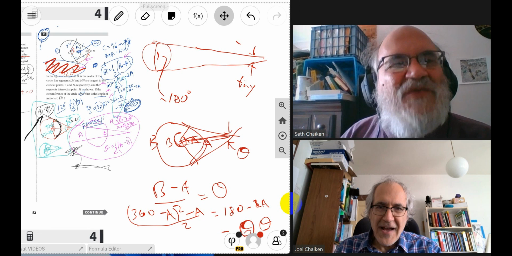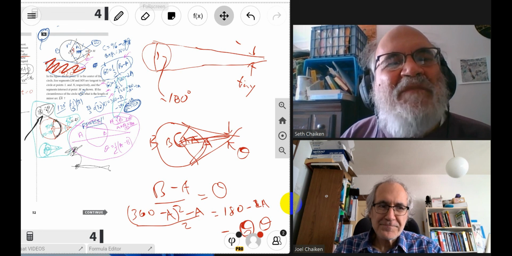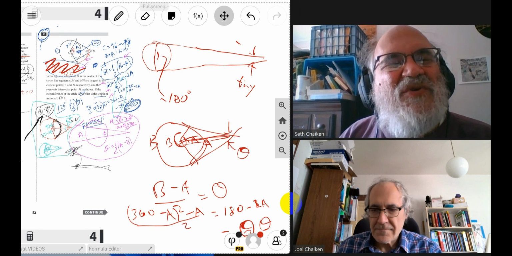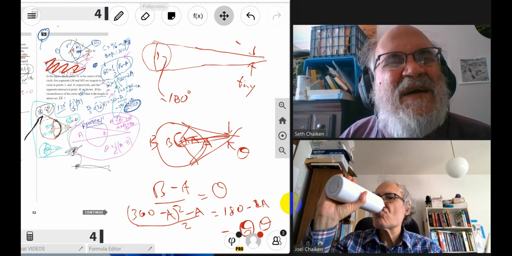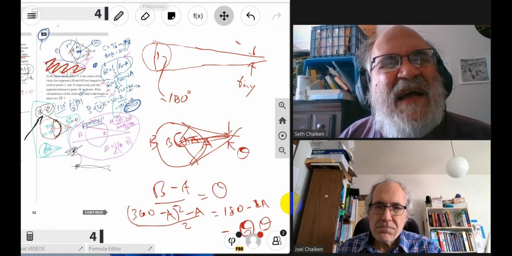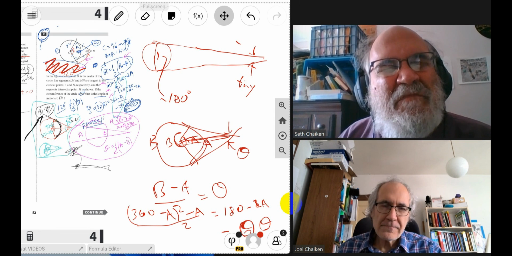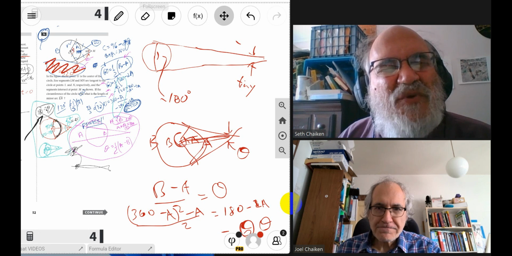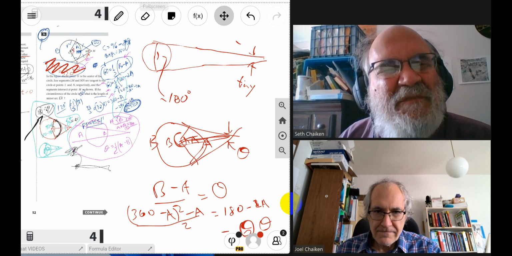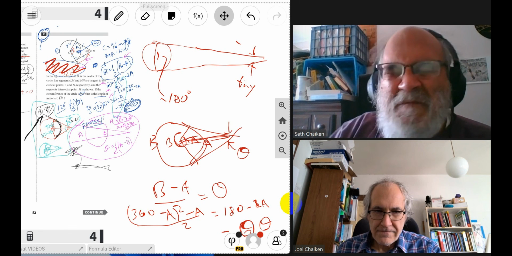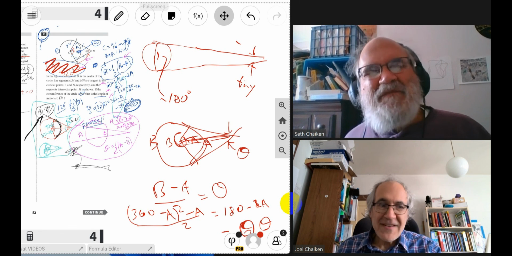Right. Okay. The bottom line from the use of congruent triangles to prove that theta and A are supplementary is that it is pretty directly provable to be equivalent to B minus A over 2 equals theta. Okay. Right, but no one's ever going to do that.